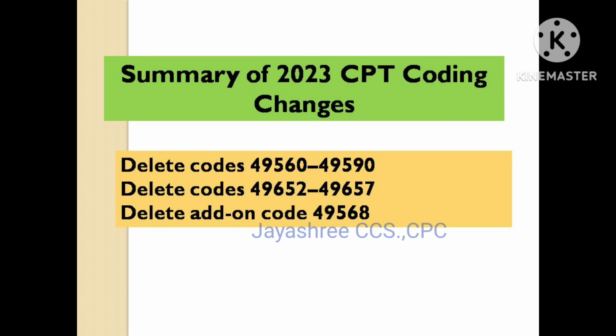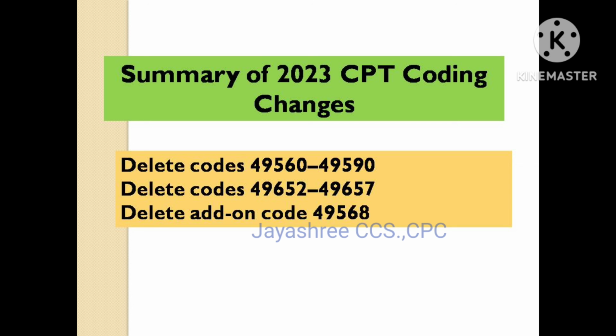Then deleted codes 49652 to 49657, which describe laparoscopic repair of anterior abdominal hernia. So earlier we had separate codes for the open method and the laparoscopy method, but both are deleted. Now we have only one code, either open or laparoscopy.